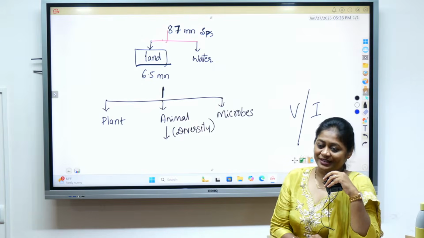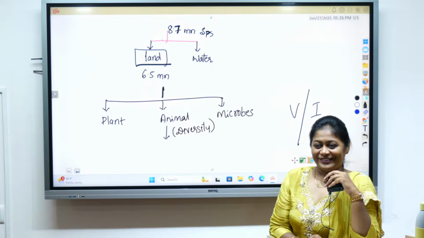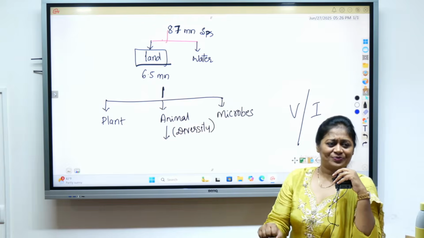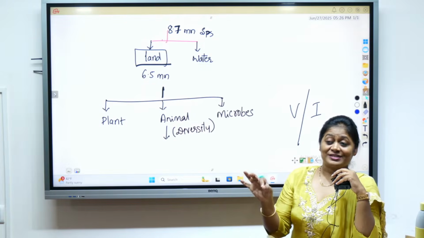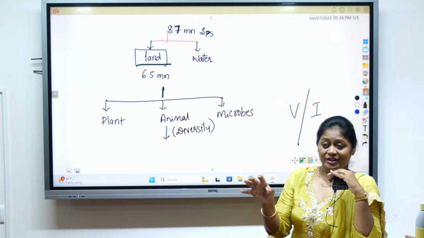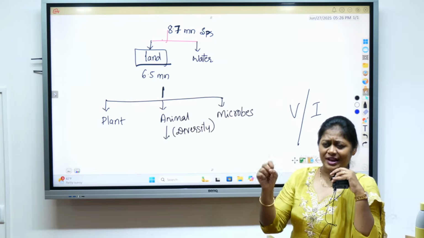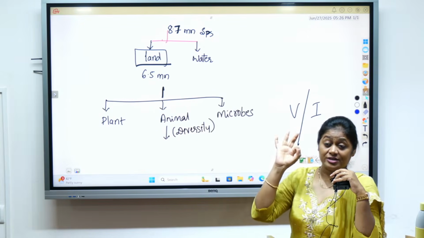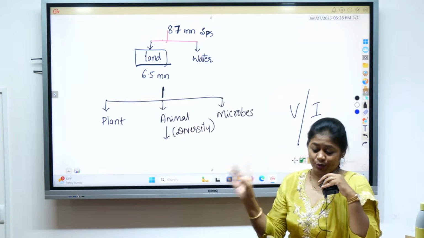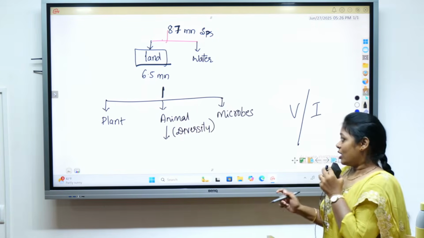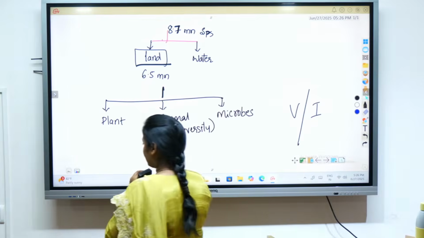What do you mean by that? Arthropoda, jointed legs. Who are having jointed legs? Insects. So insects are the population having the highest species diversity. Please note down this point.